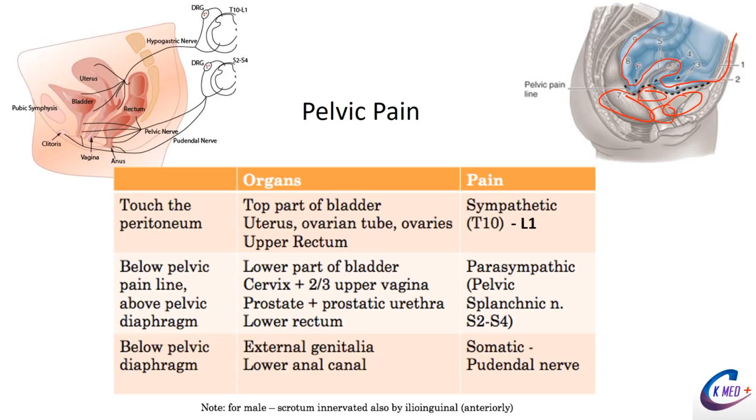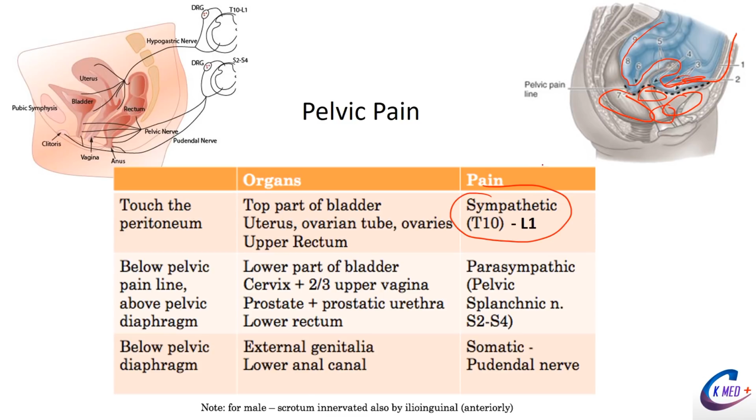So everything that this peritoneum touches, the fundus of the uterus, the fallopian tubes, and the ovaries coming out to the side here, the upper rectum and the sigmoid colon, and in addition the top of the bladder, any of those areas, if they're experiencing pain, rupture or stabbing, or have damage to these areas that is causing pain, then if I were to ask you what nerve fibers will carry those sensory pain fibers, that is going to be sympathetics.